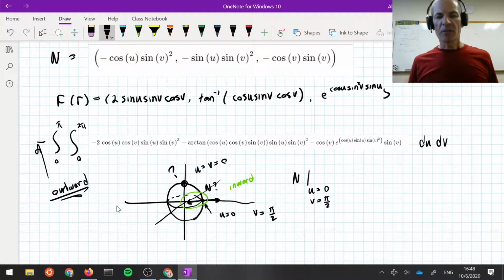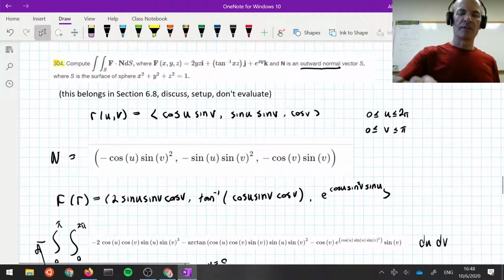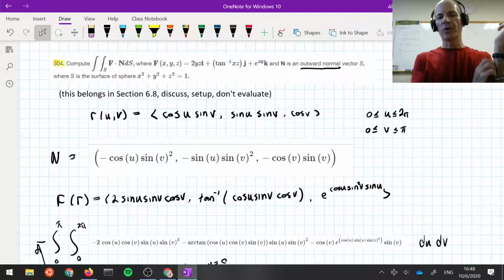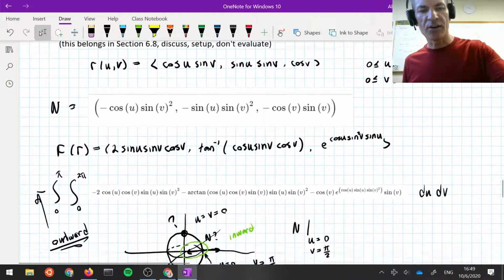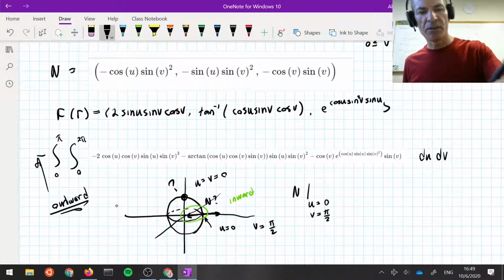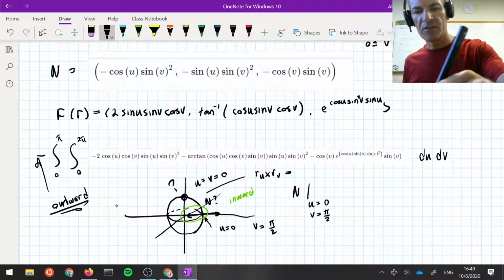Now, here's where we learn a little something about the spherical parameterization, or using the spherical coordinate system to parameterize. This is technically not a smooth or regular parameterization because r_u cross r_v is 0 here. r_u cross r_v is the 0 vector here.